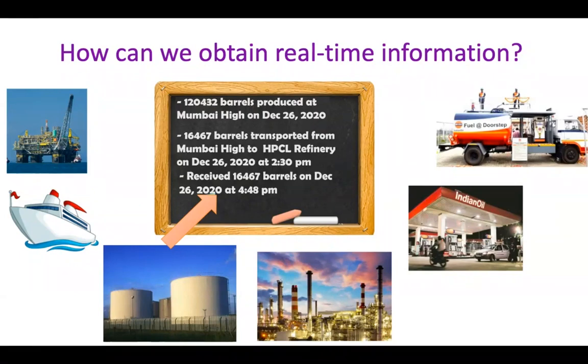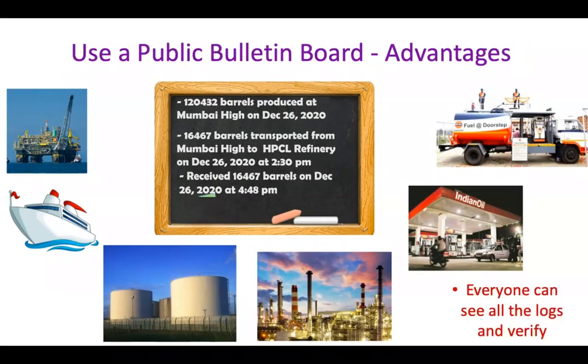After that, when it is transported to the refinement station, your refineries will update that information. So at this point, the critical entities involved in this case are your crude oil transporter and your crude oil storage.